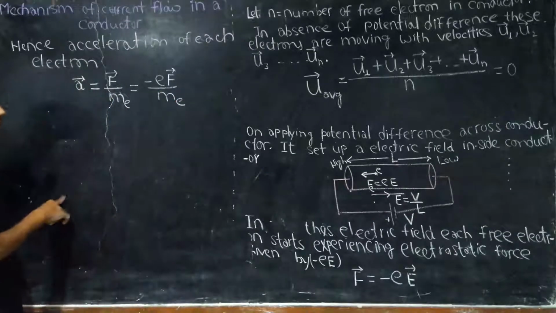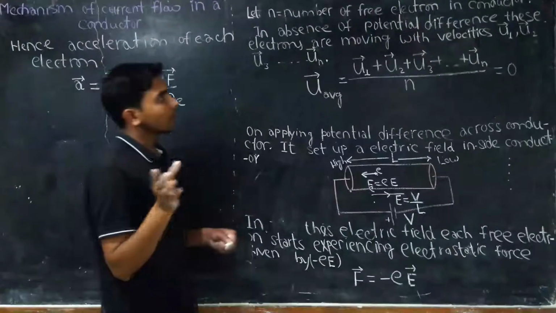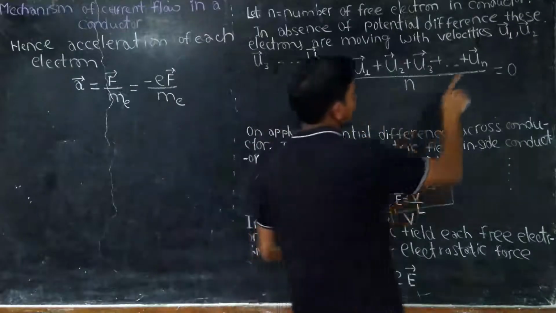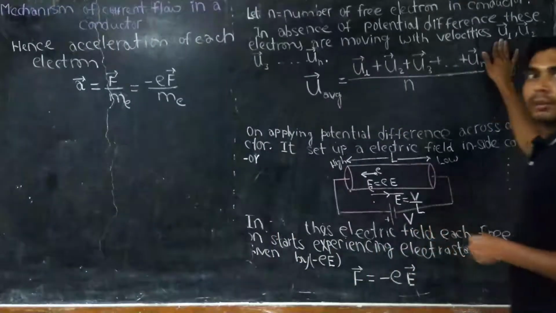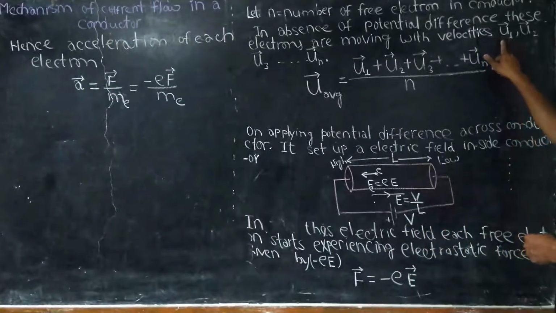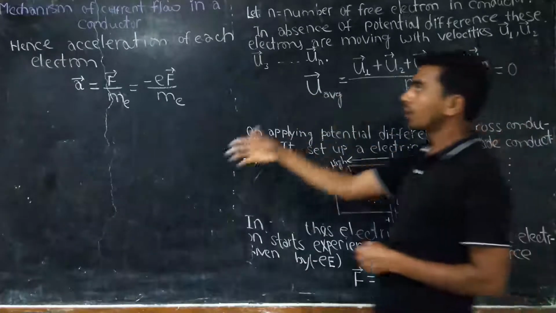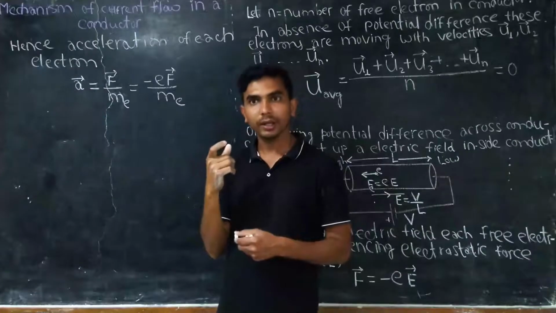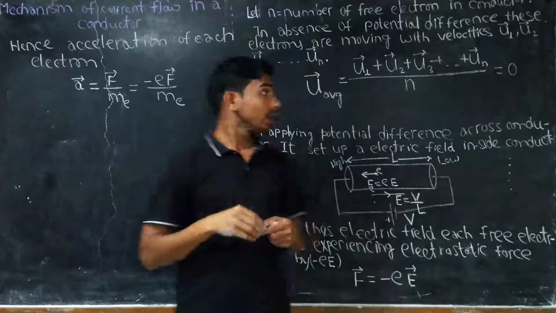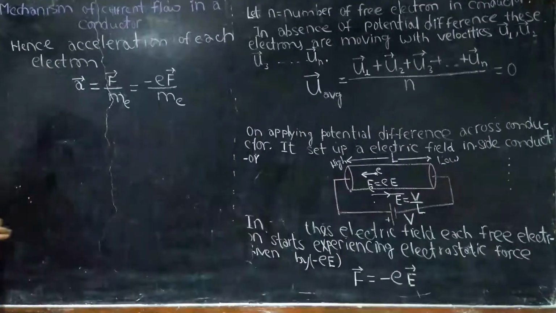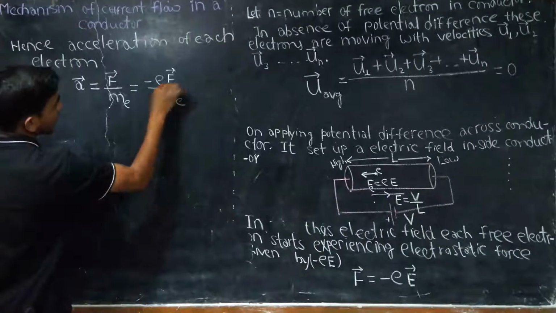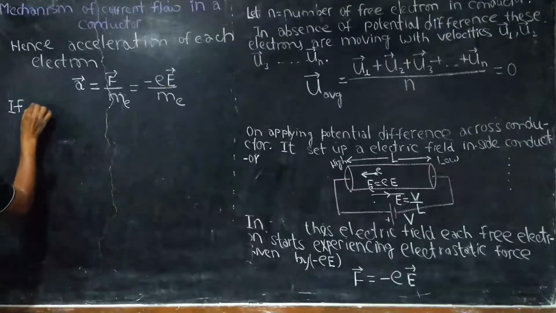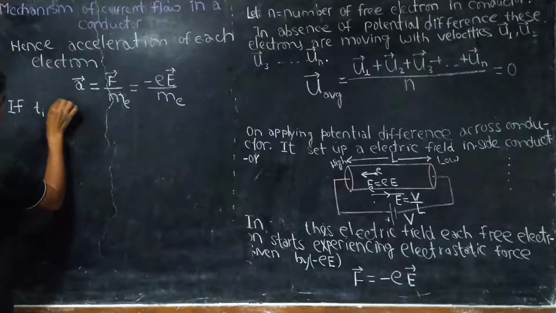Initially, when no battery was connected, the first electron had velocity u1. But now, due to acceleration, the velocity will increase.